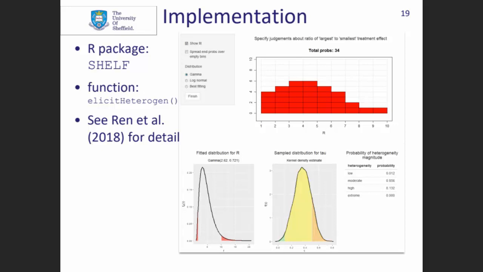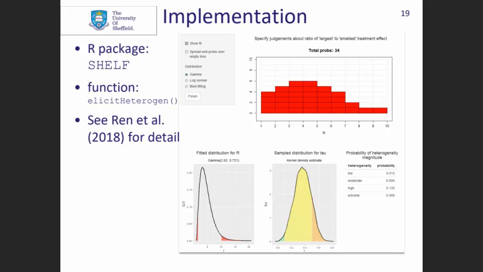I do not have time to go through eliciting a probability distribution in detail today. There is an R package called SHELF, the Sheffield Elicitation Framework, developed by Tony O'Hagan and Jeremy Oakley, which is for elicitation in general, and there is a function for eliciting between study heterogeneity using a roulette method. So this is a screenshot of what you would see when you open that Shiny app.